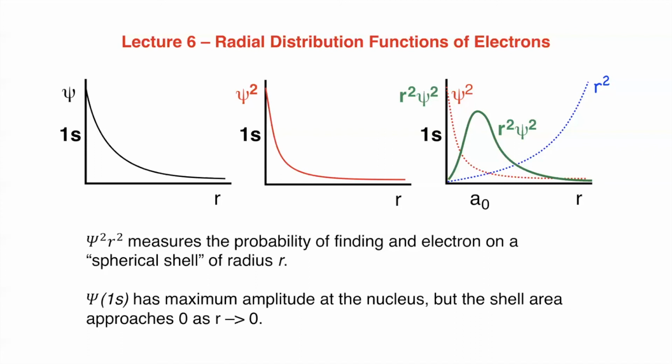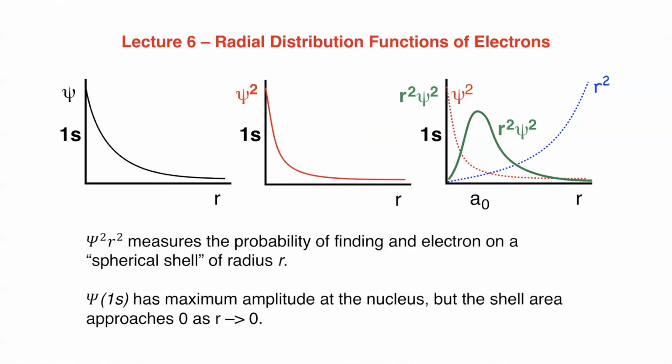And so people will often plot what's called a radial distribution function instead. The radial distribution function just takes this psi squared representation of the electron and multiplies it by radius squared. And what that does is it weights the longer distance data more heavily.